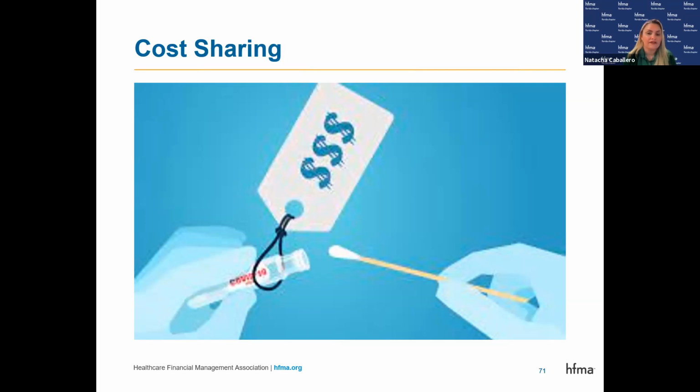The CS modifier is used for dates of service on or after March 18, 2020, until the end of the public health emergency. If a patient is treated in the ED and subsequently admitted, the cost of the ED visit and the tests are rolled into the inpatient visit, and cost sharing for the testing is incorporated into the cost of treatment on the inpatient claim.